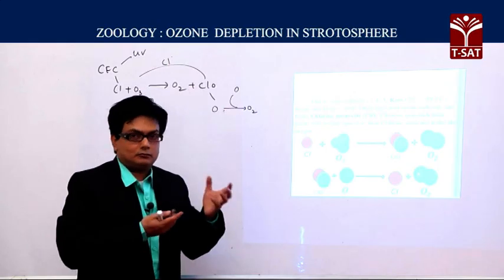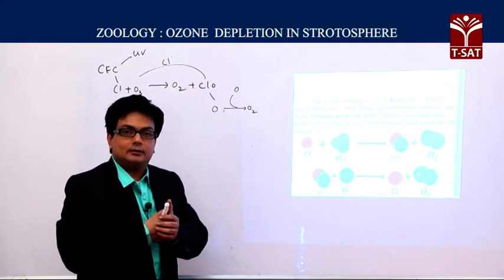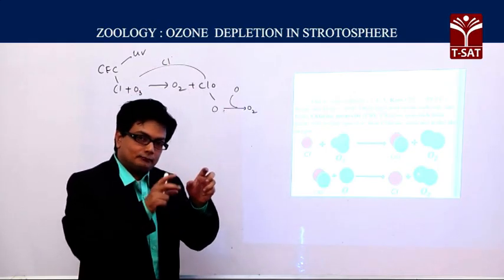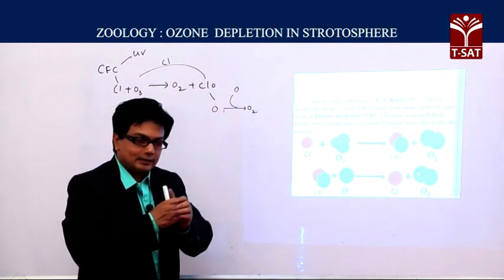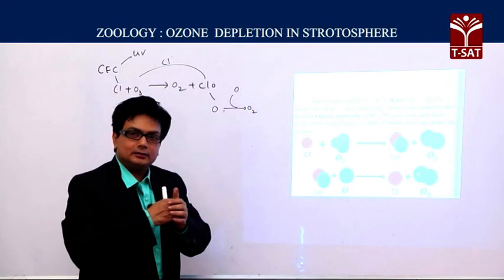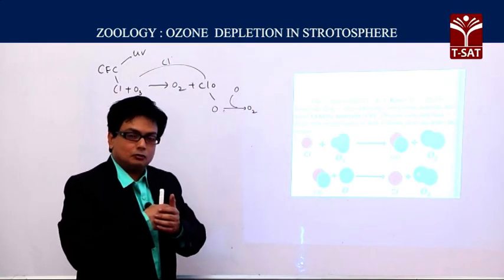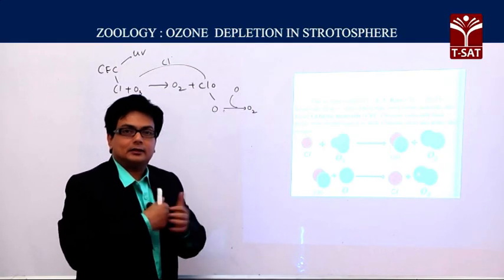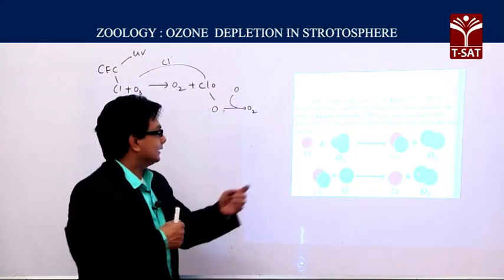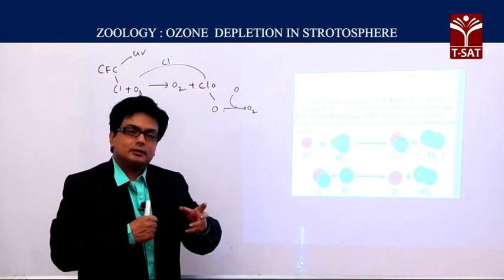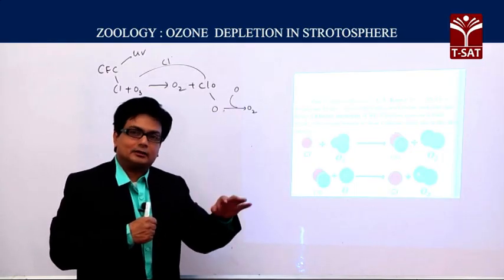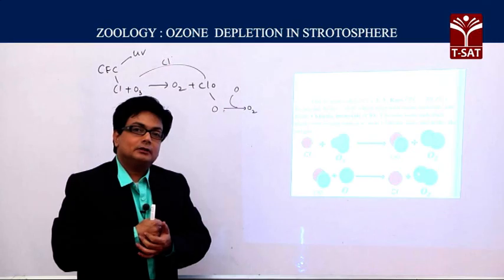This ClO will be many in number, and the ClO will be fragmented further, and the Cl will be released away. The nascent oxygen, the O and another one together, will form oxygen. It means the ozone is continuously converted because of the Cl.